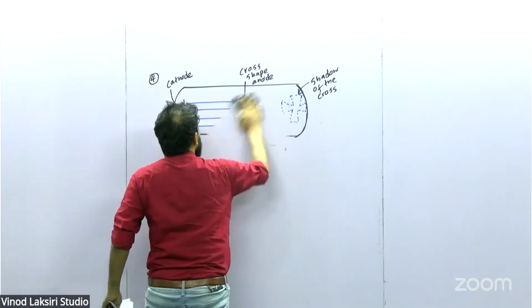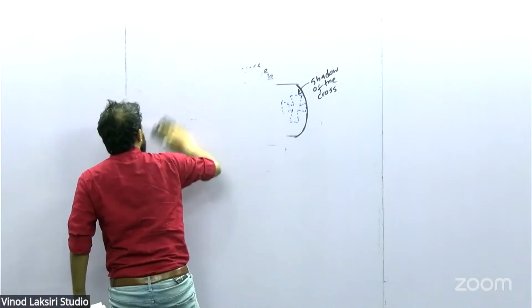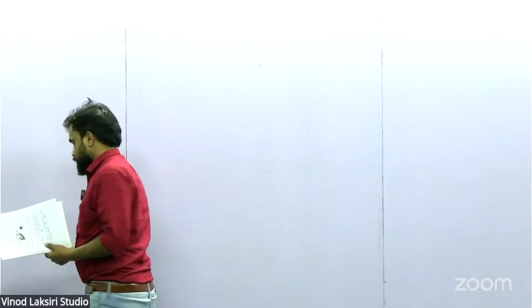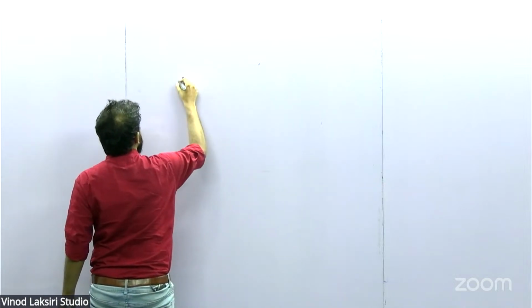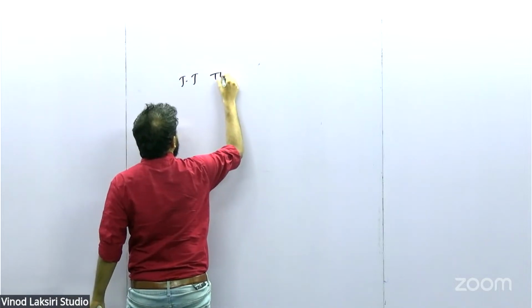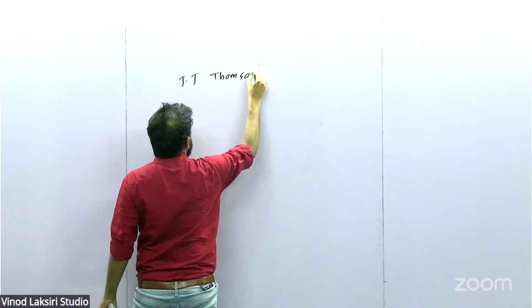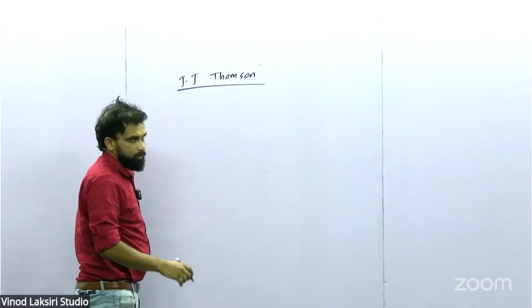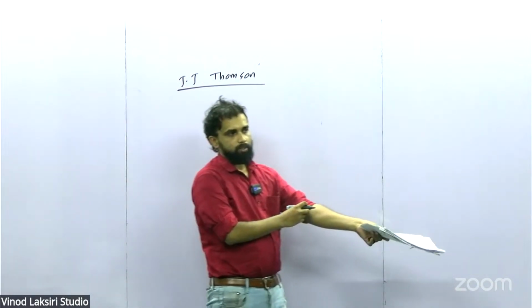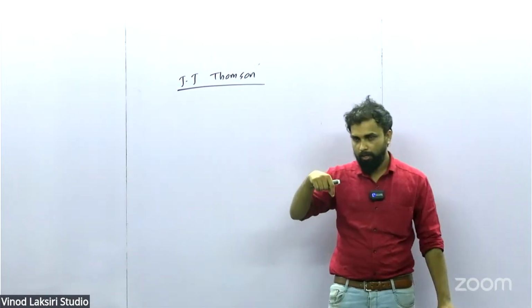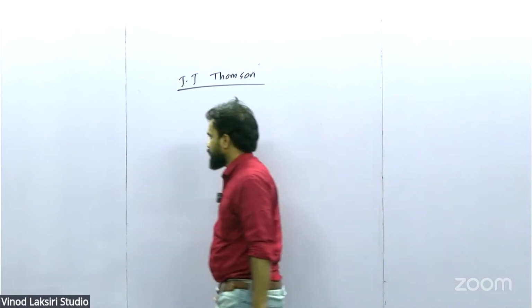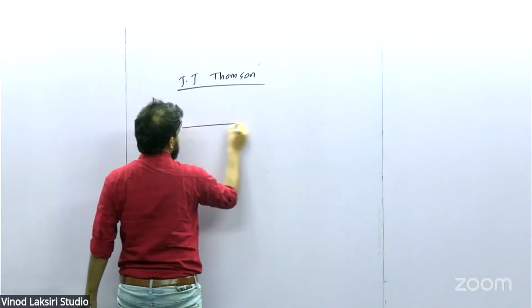Then after that, the scientist J.J. Thomson carried out this cathode ray experiment using different types of gas inside the glass tube and different cathode materials. So here is a glass tube.